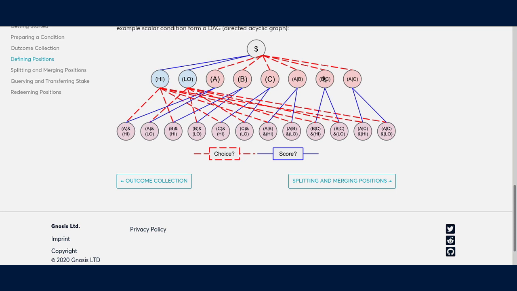Now if I wanted to go deeper by splitting through another condition, perhaps a condition that has different outcome slots like low and high, I could do so and reach these positions down here.